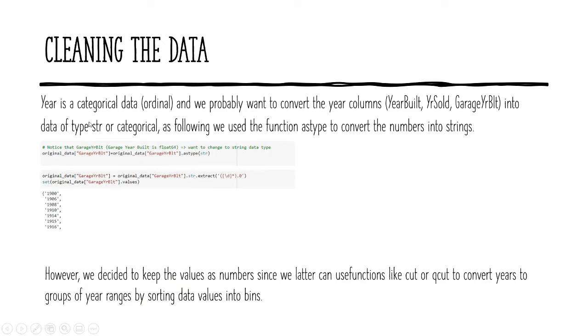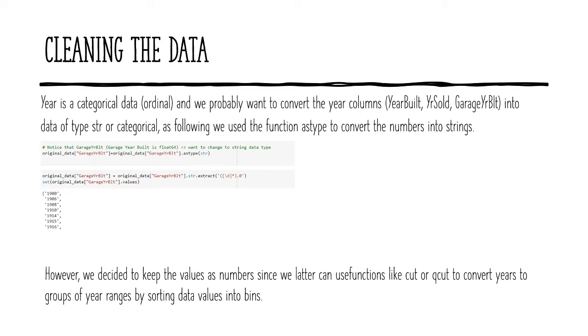And also here we have the year columns. Currently, year is a number. The year columns in our dataset, like year built, year sold, garage year built, are numerical data, currently integers.